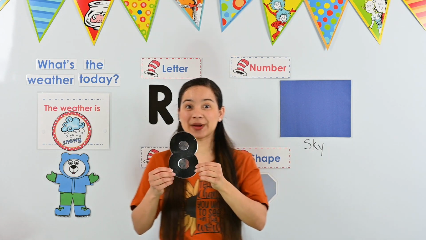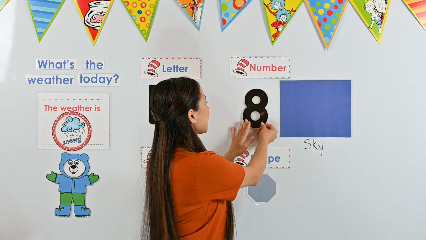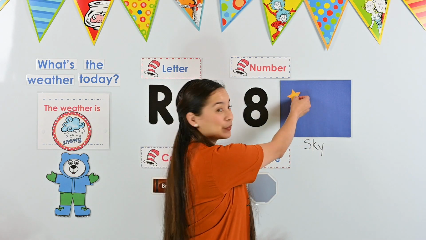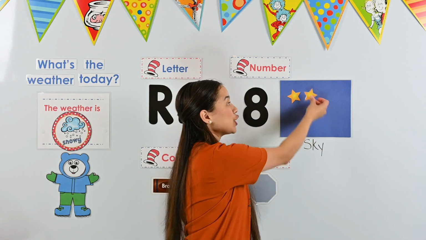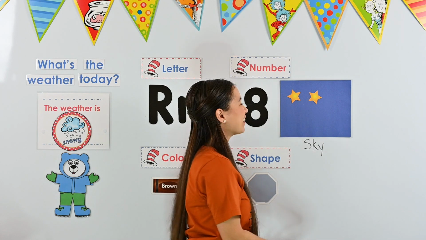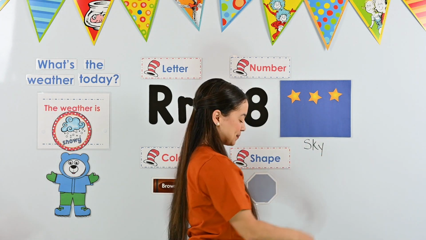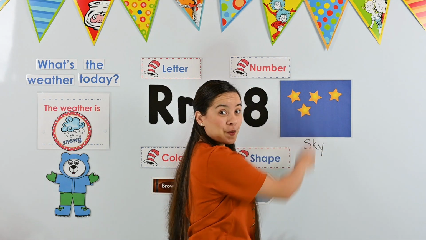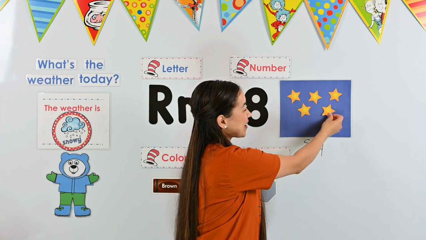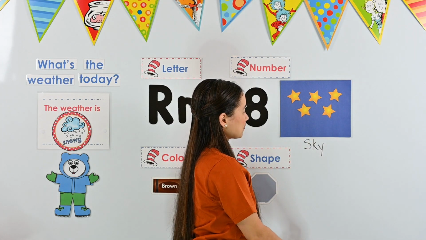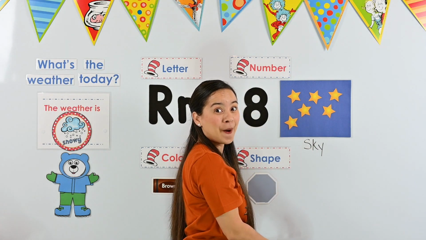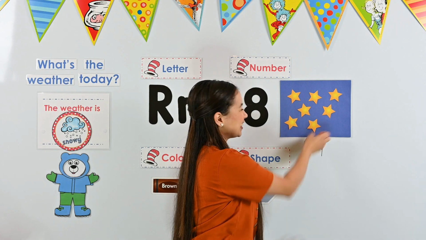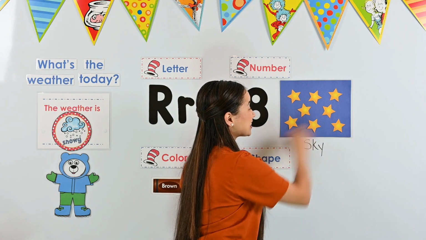Great work. Okay, now we're going to put 8 stars in the sky. Can you help me? Okay, let's count together. 1, 2, 3, 4, 5, 6, 7, 8.